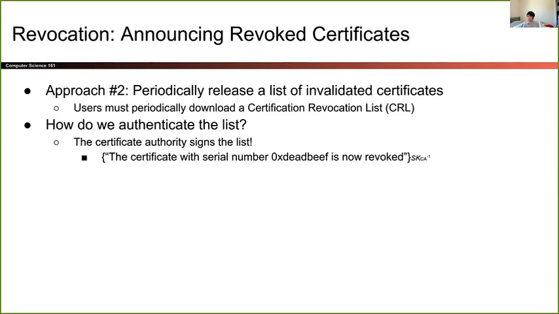Can anyone think of any drawbacks with this? Is the system foolproof, or are there other issues that exist with this system? All right.